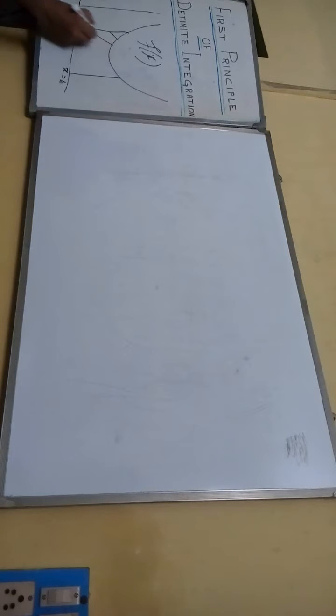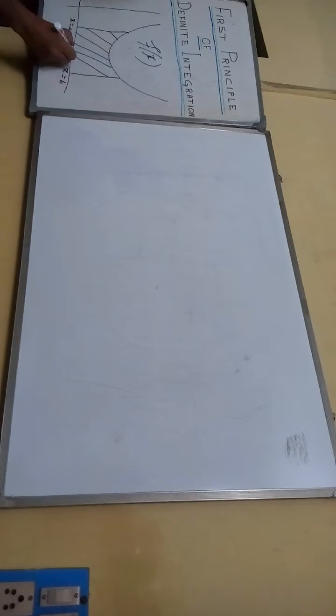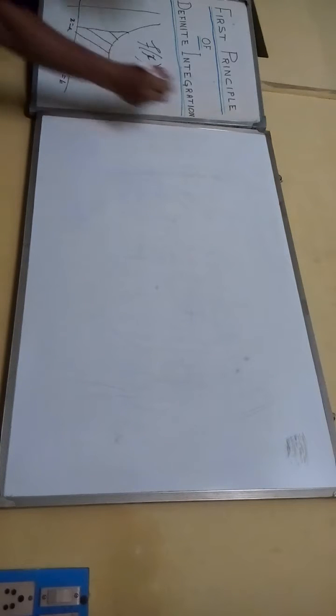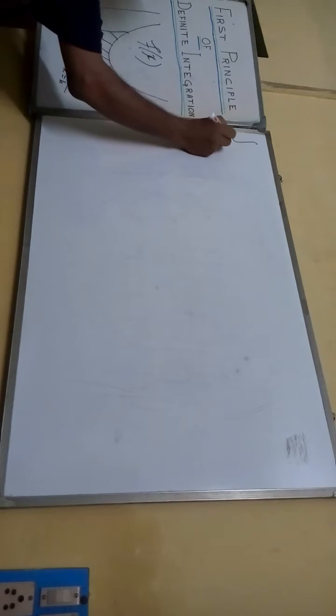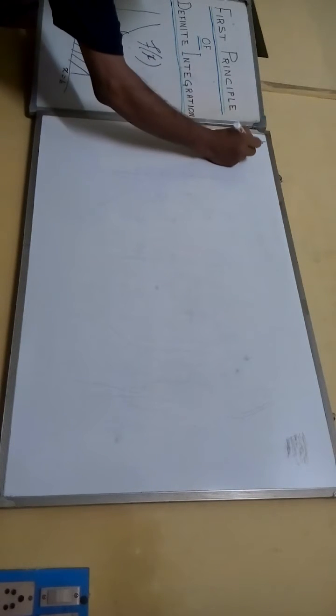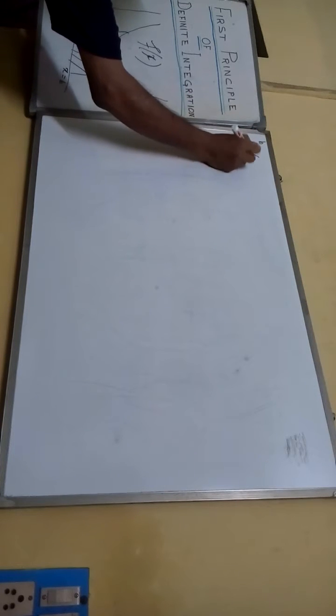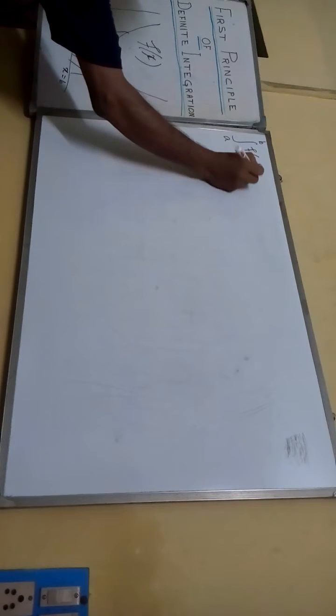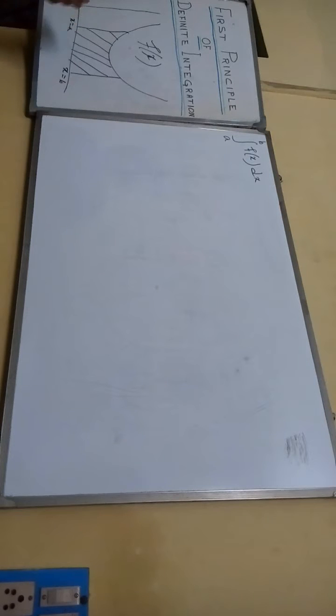This area represents the integral from a to b of f(x) dx. And how to calculate this area?